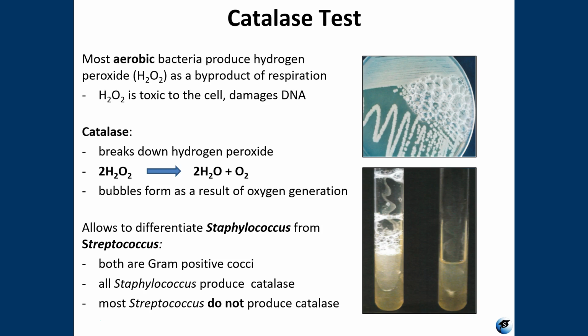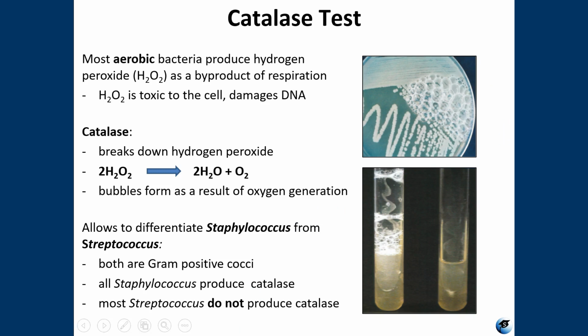Bacteria that produce catalase can be detected easily using typical store-bought hydrogen peroxide. This test can be performed on a microscope slide, which is how we're going to do it in lab, but you can also do it just by adding hydrogen peroxide directly to the medium containing bacterial growth. These figures both show hydrogen peroxide reacting with the enzyme catalase. It is quickly broken down into water and oxygen, resulting in the bubbling.